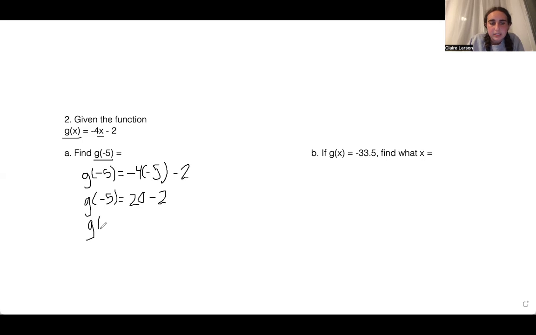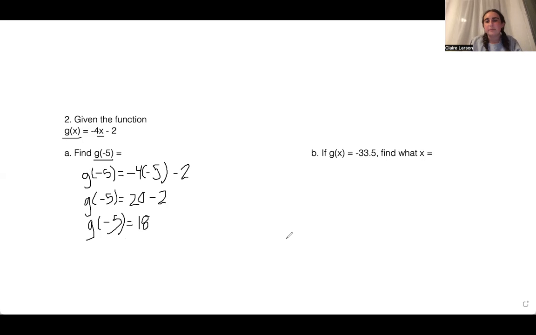So that means that g of negative 5, sorry for the strange 5, but anyway. So 20 minus 2 equals 18. So that means that g of negative 5 equals 18.